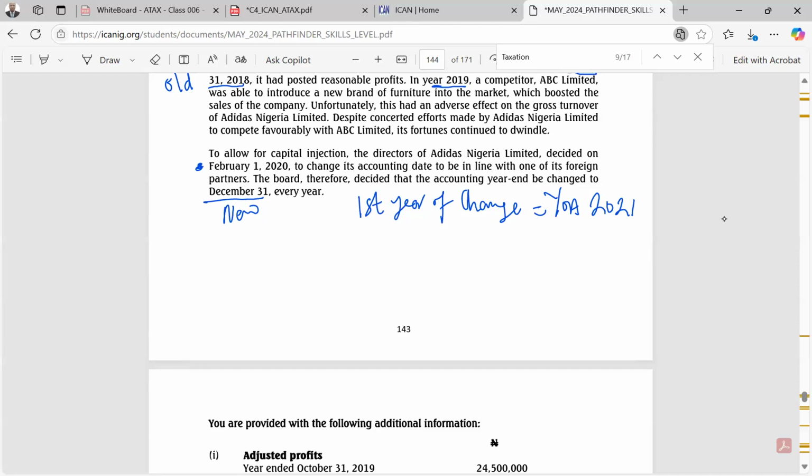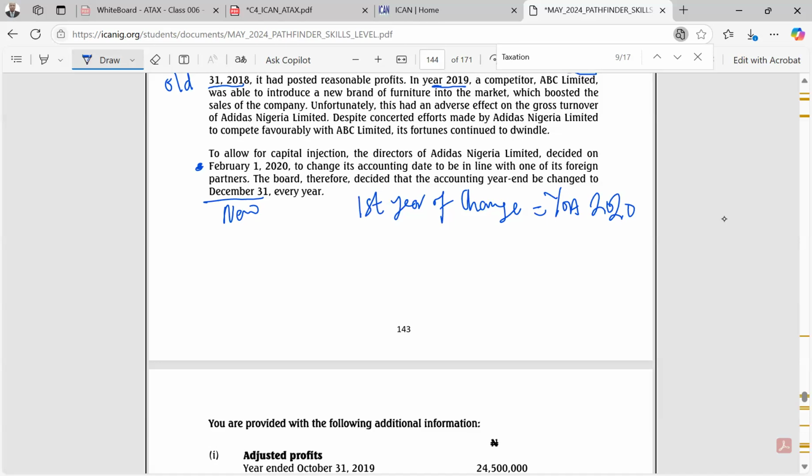Because they made this decision on February 1, 2020, what they are saying here is 2020 is the year that decision was made. I tend to agree with them. So it means that for that year of assessment, this is the year that they agreed that they have to change. So 2020 is the first year of assessment.